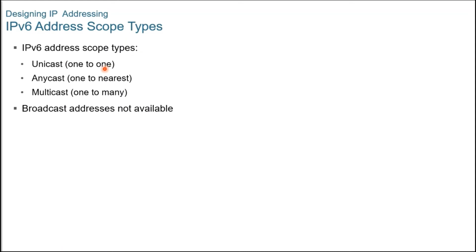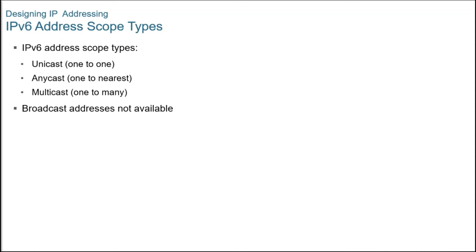You have the unicast, or one-to-one, similar to an IPv4 unicast address. An IPv6 unicast address is for a single source to send data to a single destination. A packet sent to a unicast IPv6 address goes to the interface identified by that address. The IPv6 unicast address space encompasses the entire IPv6 address range with the exception of the FF00::/8 range.